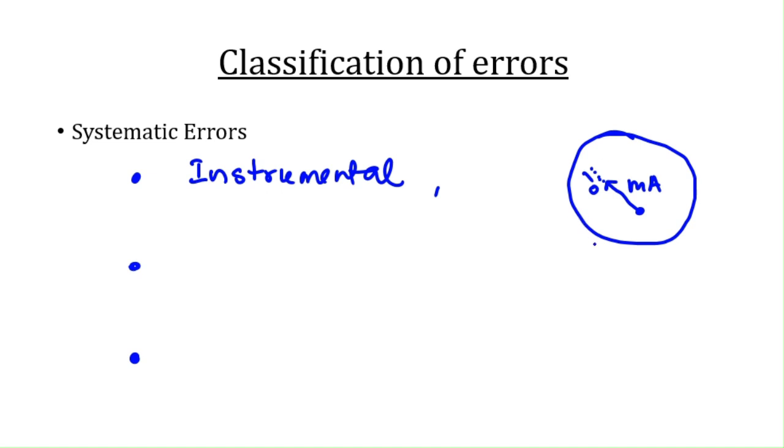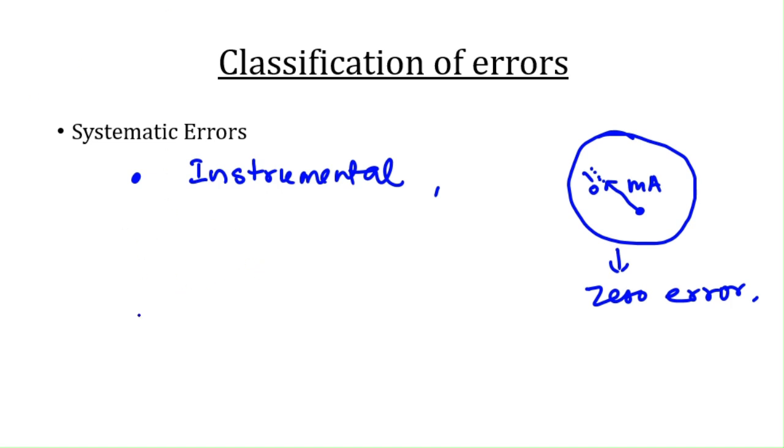This is an example of instrumental error, and we call this error zero error. So there may be a faulty instrument, and because of those instruments, we can get some errors. These errors are classified under systematic errors, and we call these errors instrumental errors also.